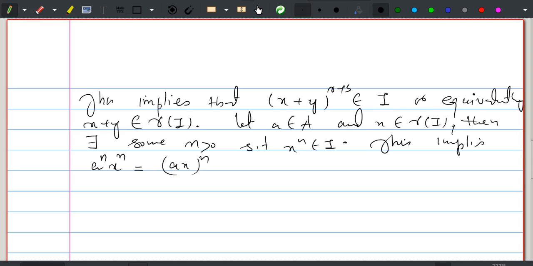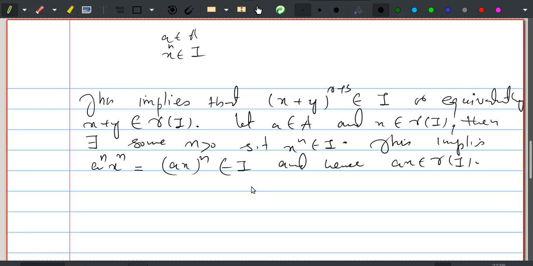Now a being an element of A and x to the power n being an element of I, this means (ax) to the power n is also an element of I, and hence ax is in the radical of I. So this proves that the radical of I is an ideal.